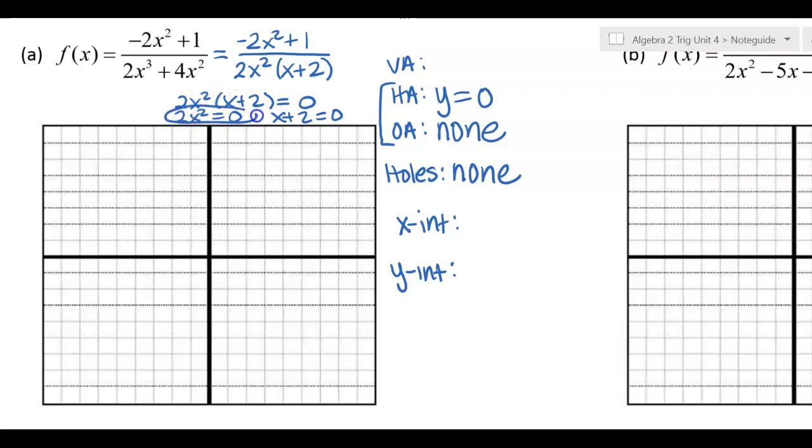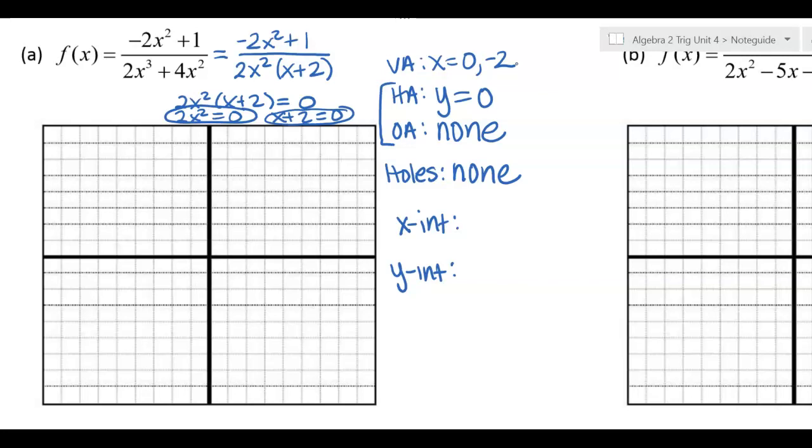From this first equation, what's the x value that solves that first equation? If you divided by 2 and then square rooted, what are you getting as an x value there? 0. So one vertical asymptote is x equals 0. Okay? But there's another one, because there's this other factor. When x plus 2 is equal to 0, that would mean that x is equal to negative 2.